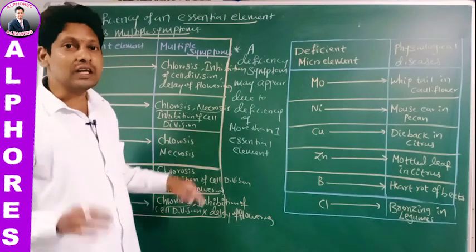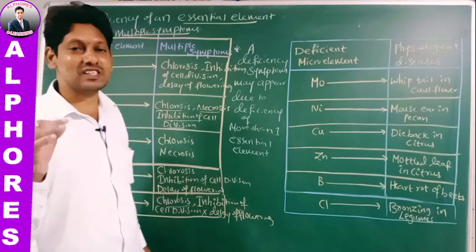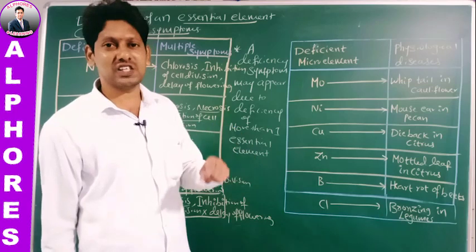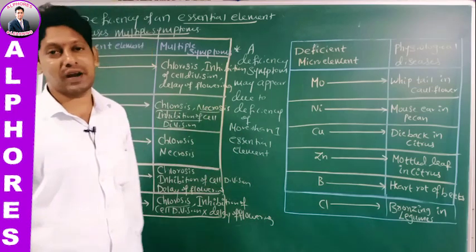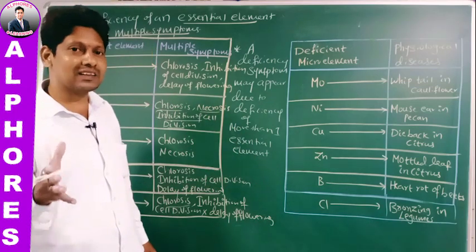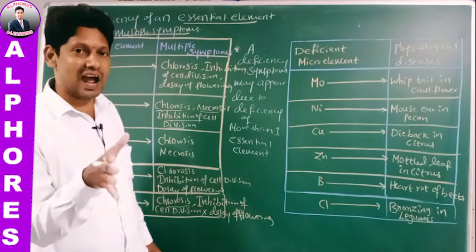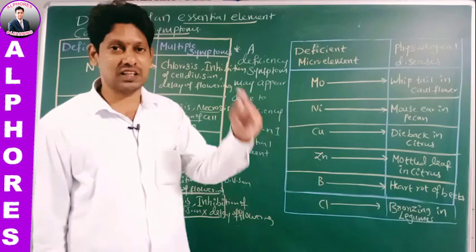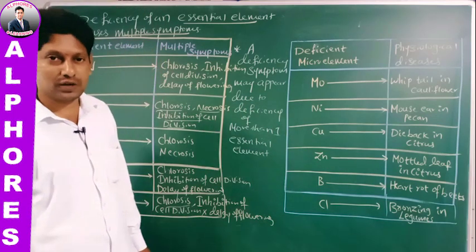So in plants, which element is deficient? To know that, we have to observe all the deficiency symptoms shown by all parts of a plant, and then compare the deficiency symptoms with standards that are available. Then only you can say that this element is deficient in the plant.